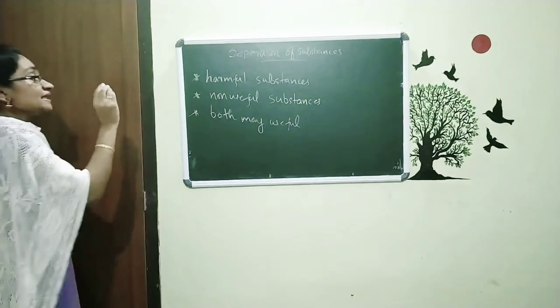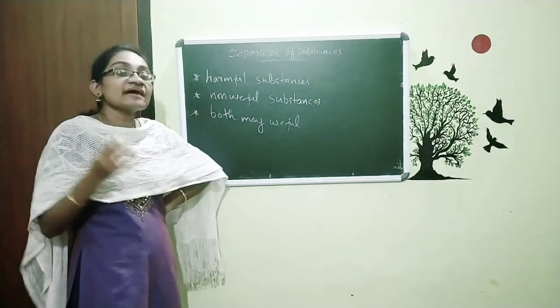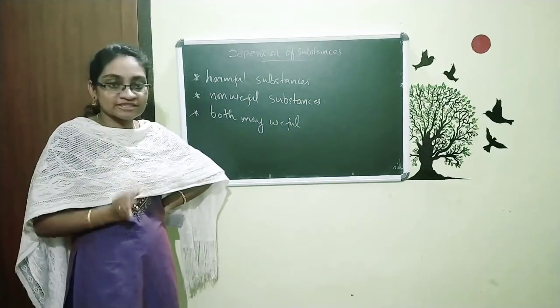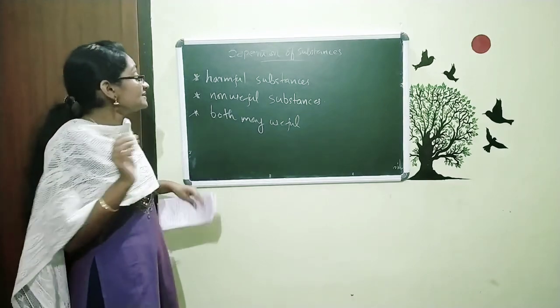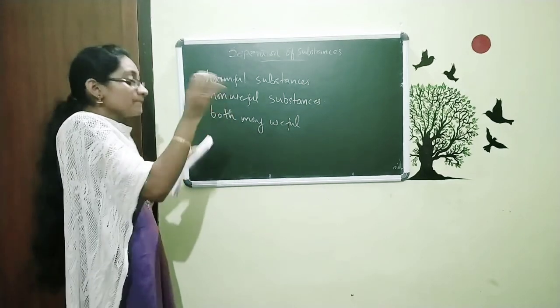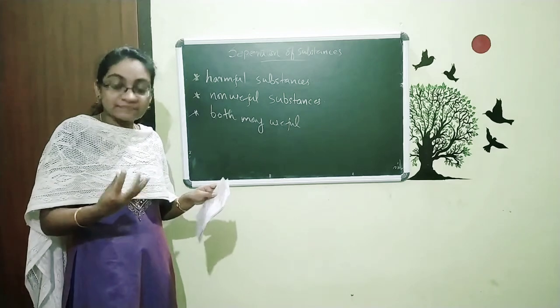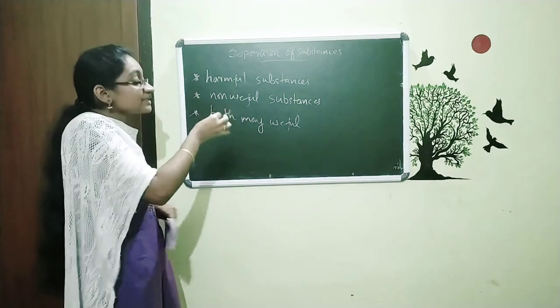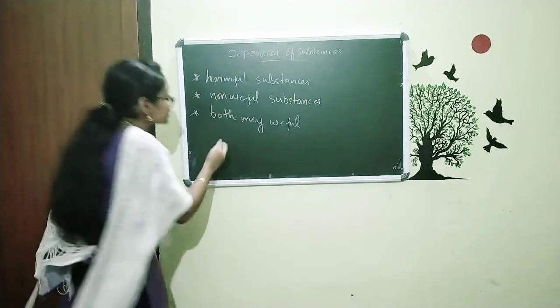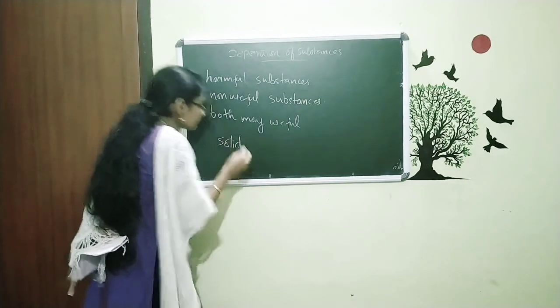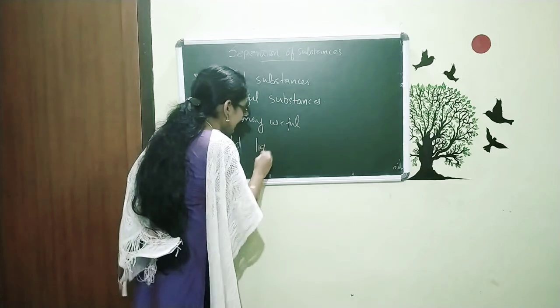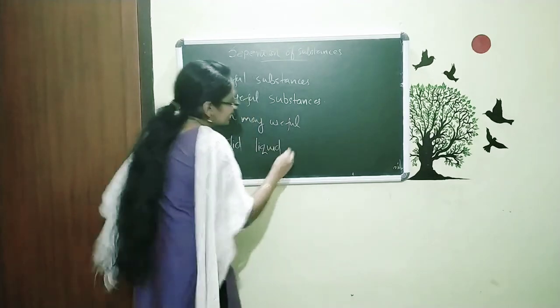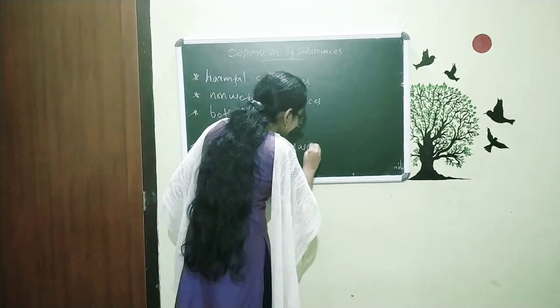That means in each and every case we have different types of properties for the separation. Sometimes the size of the particles may be big, sometimes it is small. The substances may be in solid state, liquid state, or gaseous state.